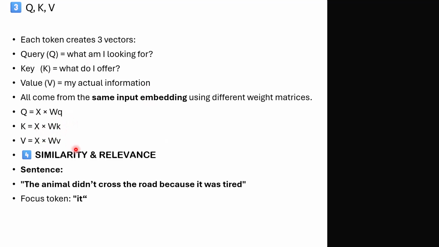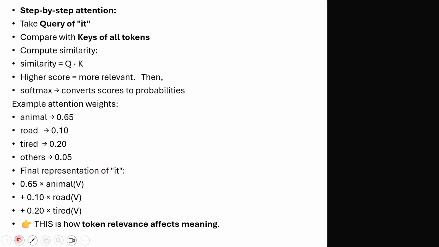Coming to the fourth one, similarity and relevance. Take a sentence like "the animal didn't cross the road because it was tired." The focus token here is "it". Let's discuss attention step by step. Take the query of "it" and compare it with the keys of all the tokens.